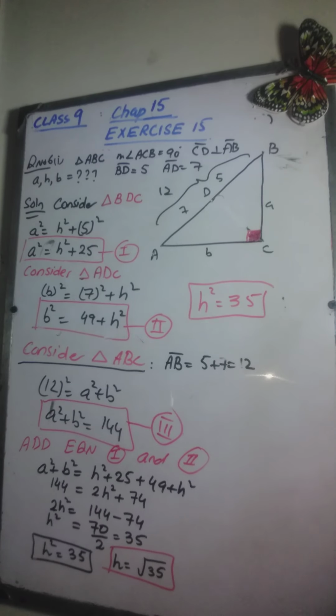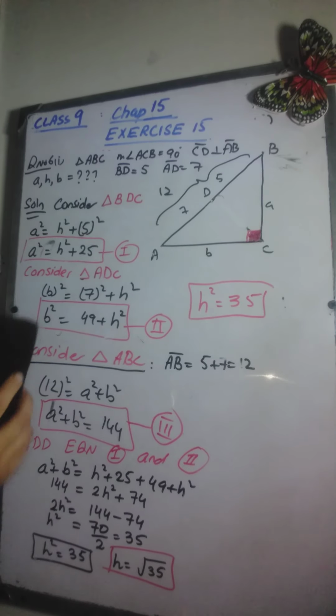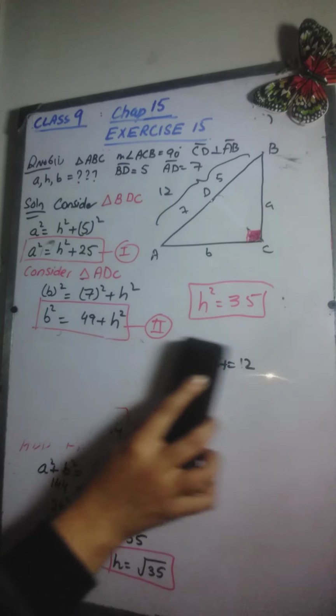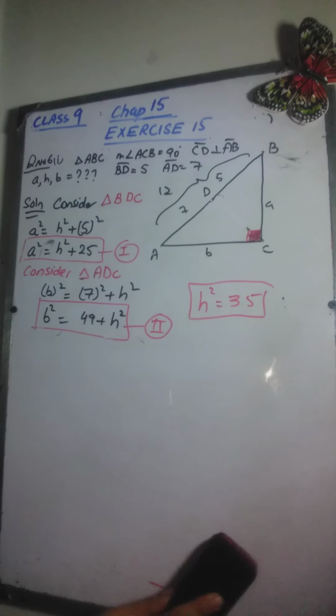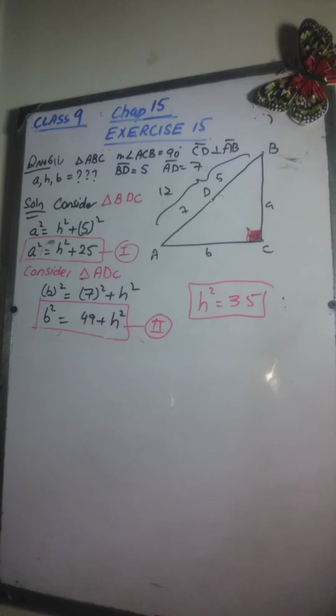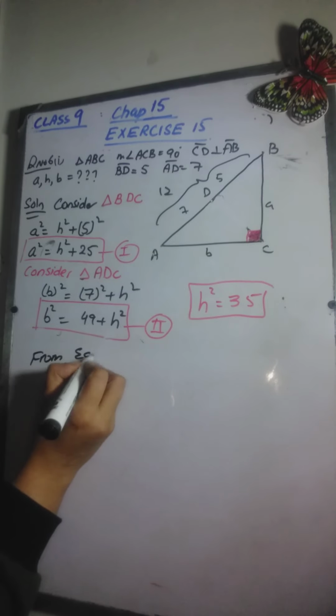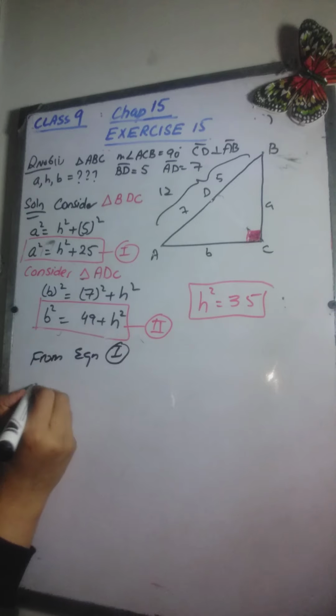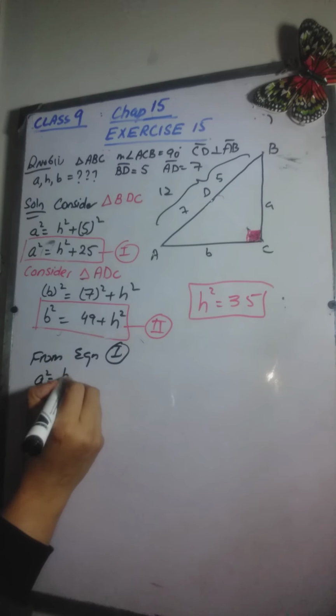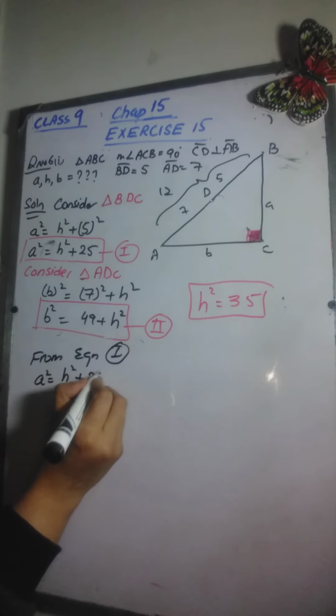To find the value of a square and b square, we are going to make use of these two equations. So over here, from equation 1, a square is equal to h square plus 25.